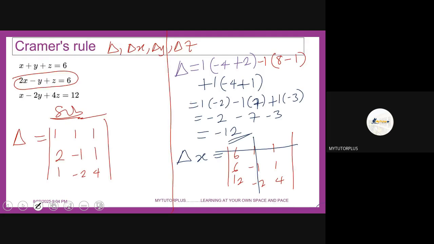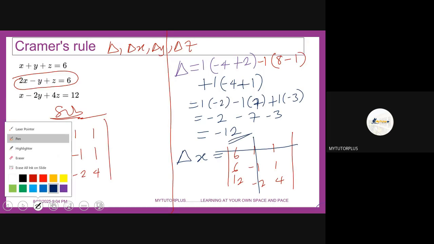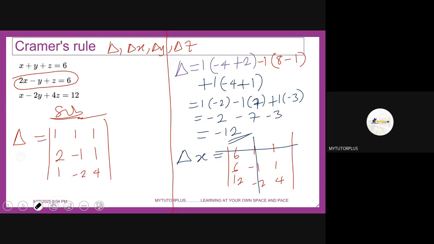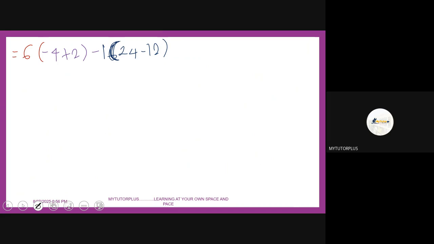Then the next one will be what now? The last value. We'll cancel the row and column of the last column there. We cancel this one. I'm left with what now? +1 into bracket of 6 times minus 2.